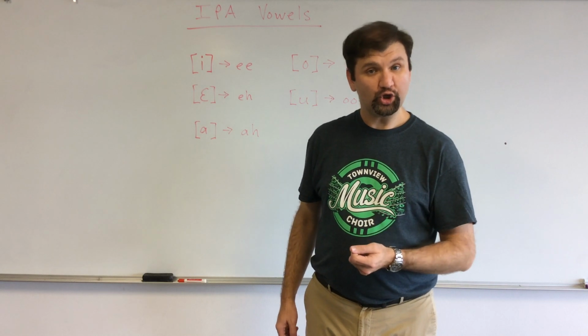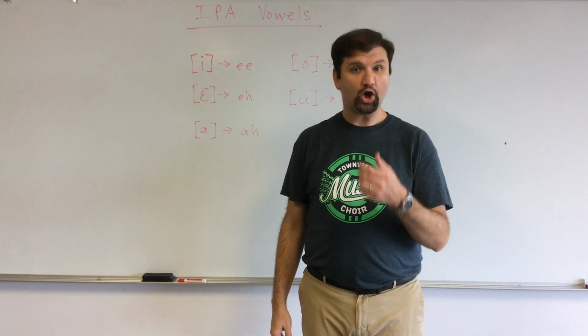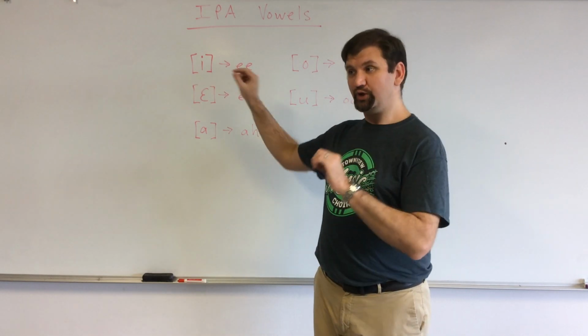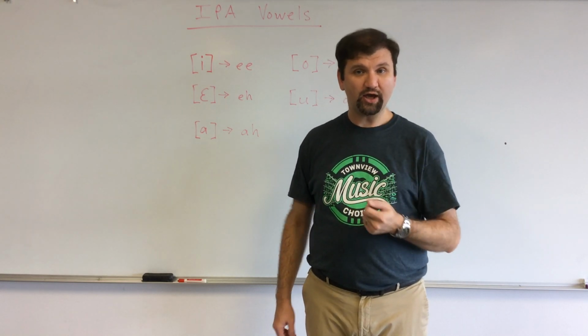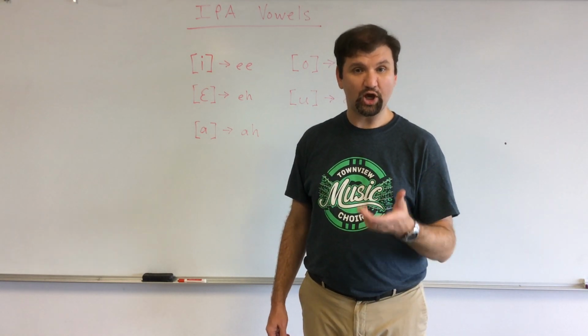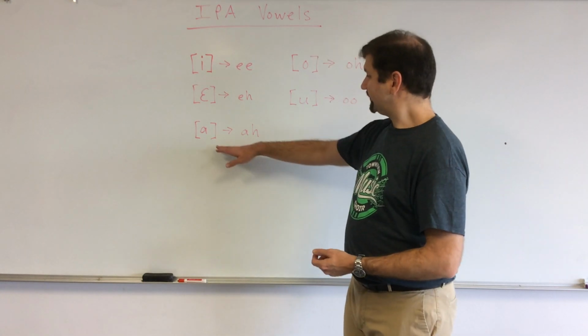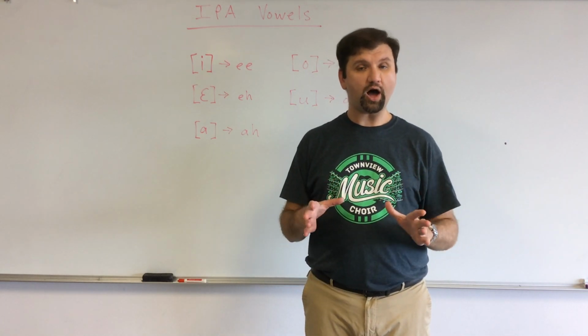So E, and then a little bit farther back from that, we've got E, so it's just a little bit farther. So E, as in the word keep, and as in the word kept, or the word egg, or excellent. Then we go a little bit farther back and we get the sound ah.